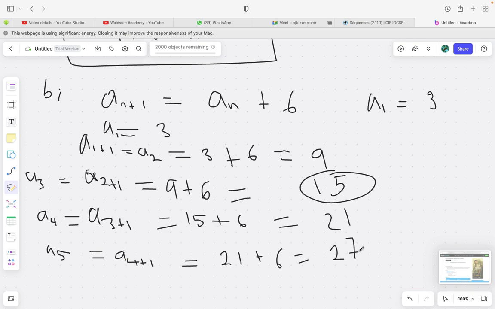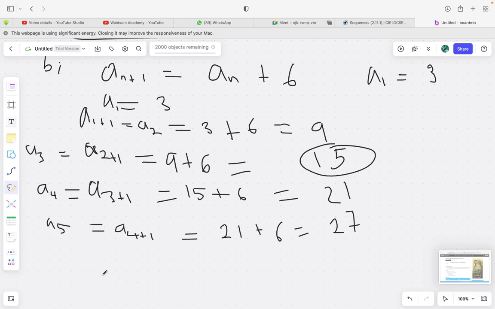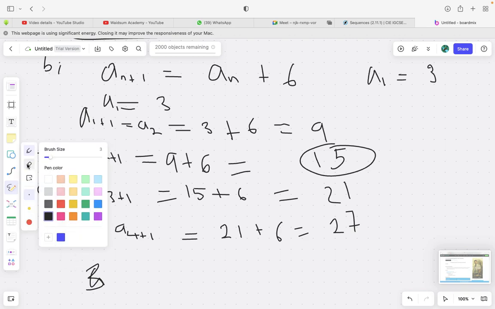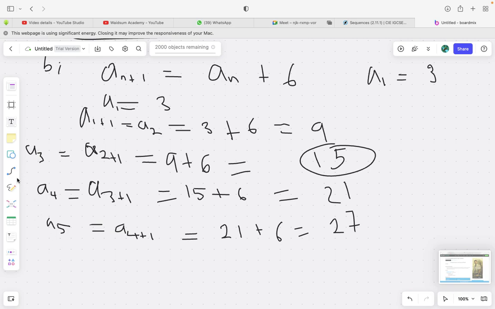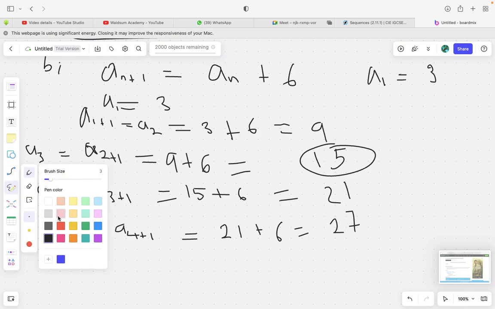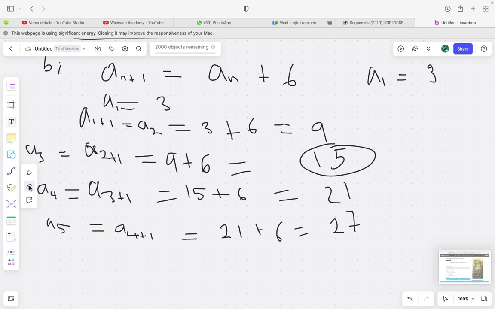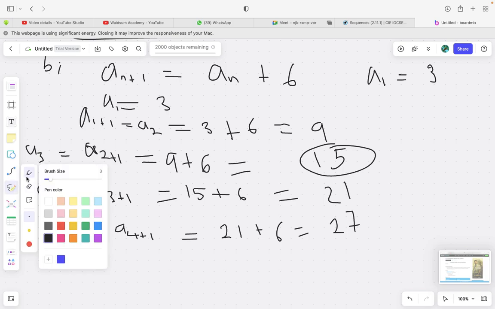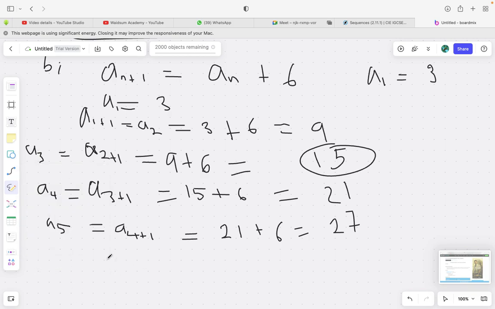So if you bring out your sequence, the first term is 3.